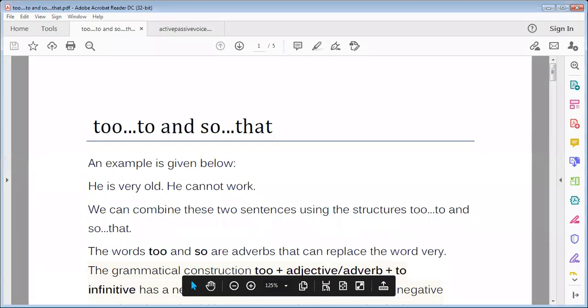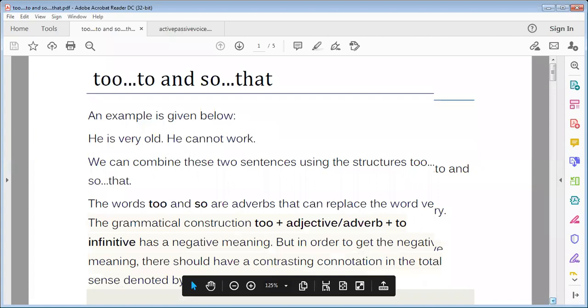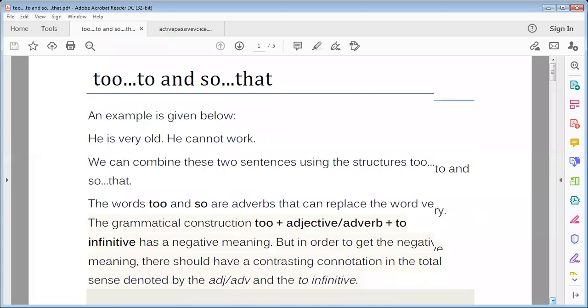To and so that. A sentence which is written using the to structure can be converted into the so that structure, and a sentence given in the so that structure can be converted into the to structure. Okay, vice versa. So both possibilities are there: they will give you a sentence which has to and you have to convert it into so that, or they will give you a sentence with so that and you convert it into to.